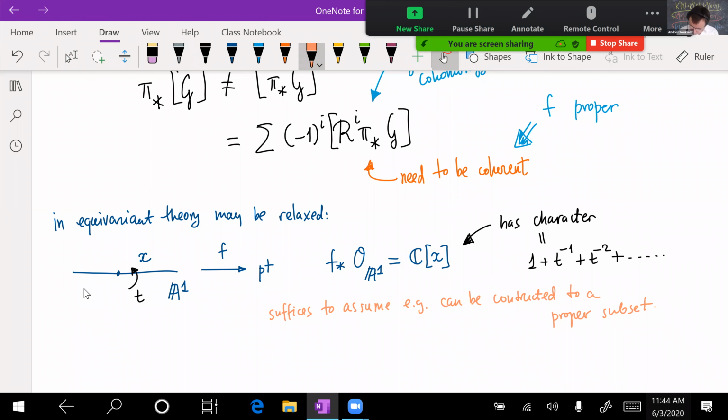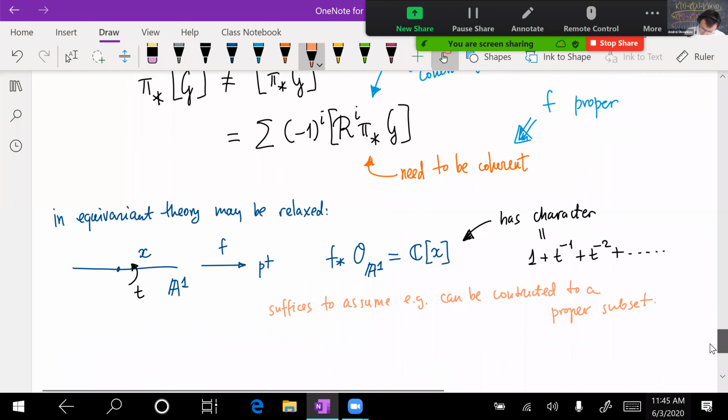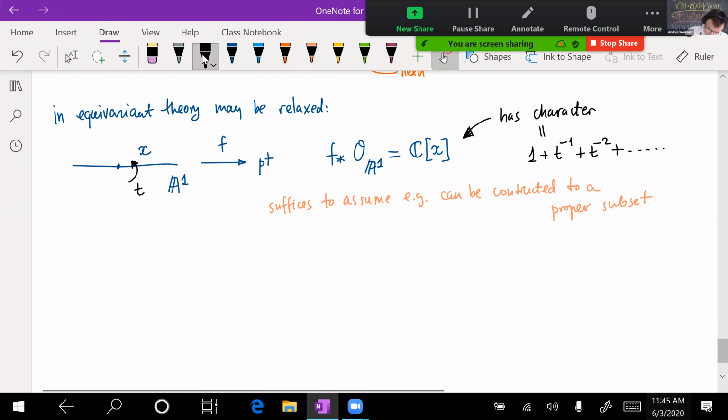And then, right. So now going back again to functorial properties of K theory, we consider pullback of some vector bundle E. Well, that's just pullback.